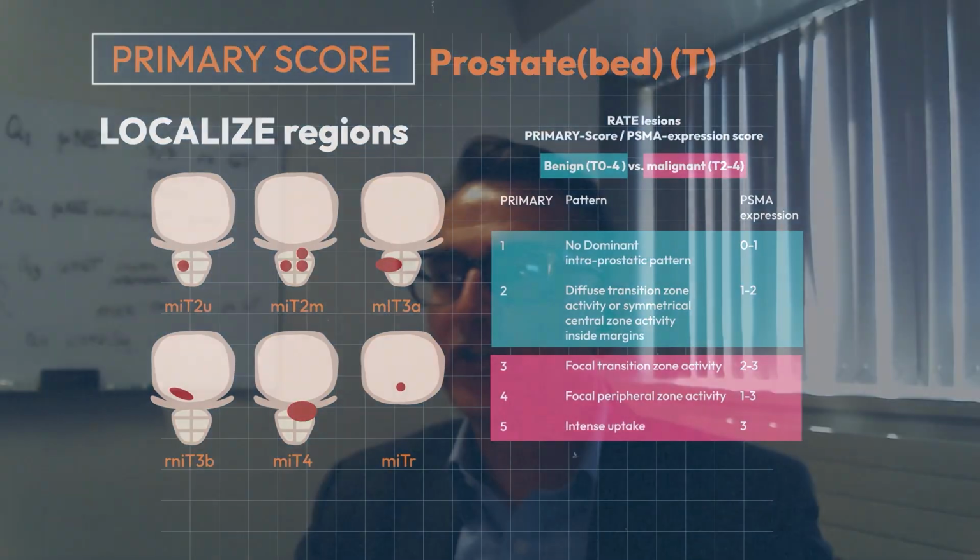Now, how we integrate this information into our radiation planning, and how do we integrate it with other types of prostate imaging like MRI, has been the subject of a number of studies that have utilized imaging prior to prostatectomy and then the histological information from prostatectomy to help correlate the PET or MRI findings with the actual location of cancer in the prostate.